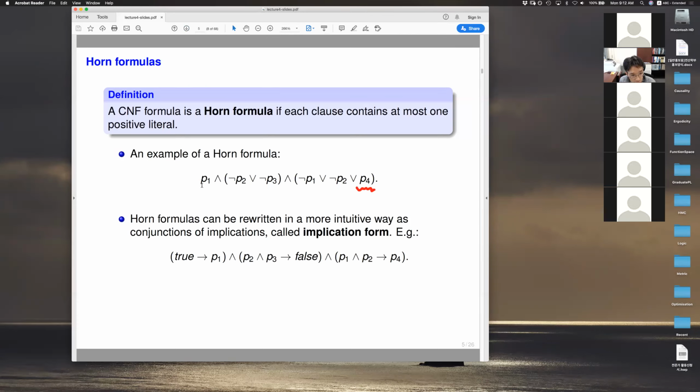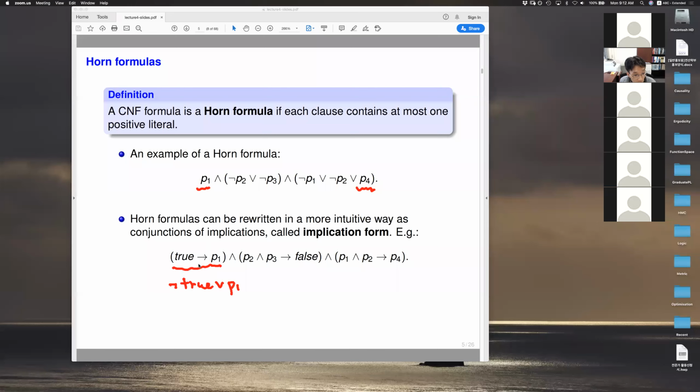So you see that P1 here is the same as this one. That's because this one is equal to the negation of true or P1, and the negation of true is equal to false, and false is a unit, so adding false or P1 is identical to P1.